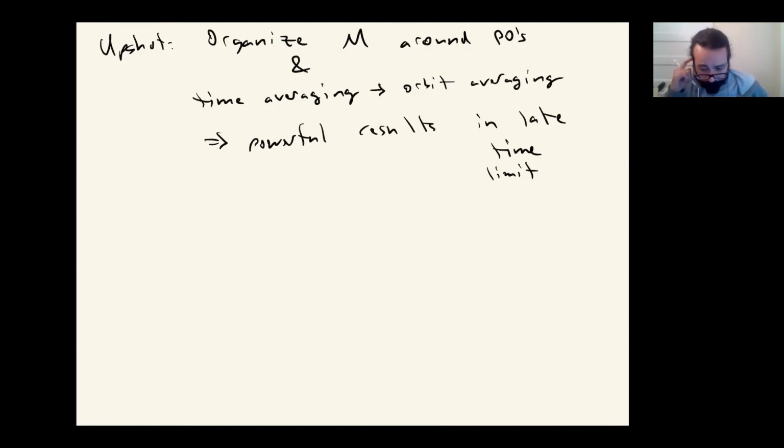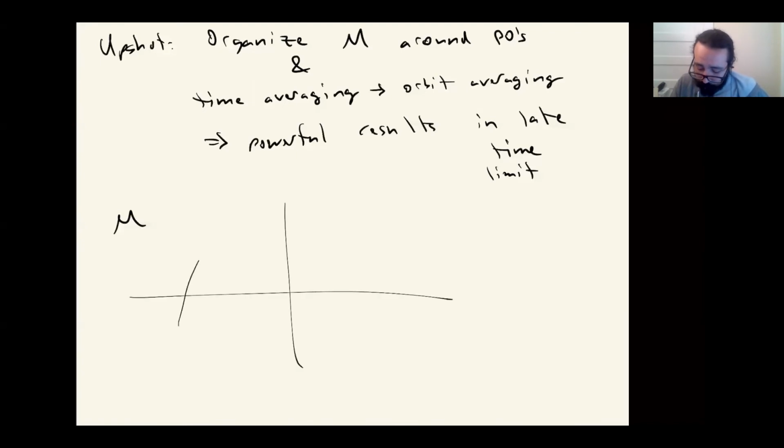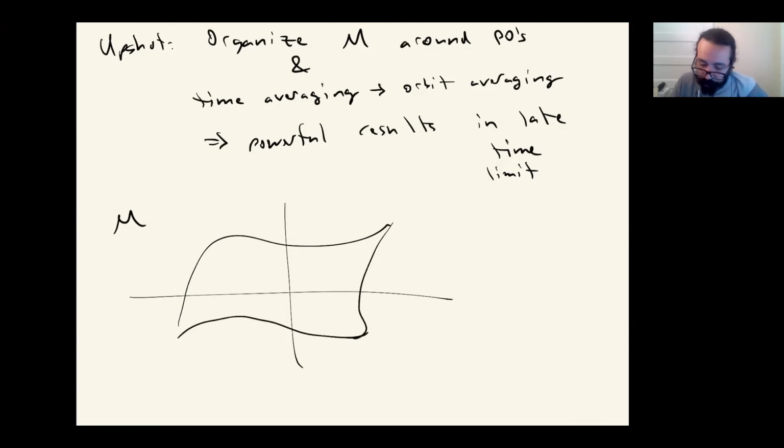And so when I say organize phase space, what do I really mean? Well, let's say we had a picture of phase space, some region here, and I say that this point here corresponds to some periodic orbit.